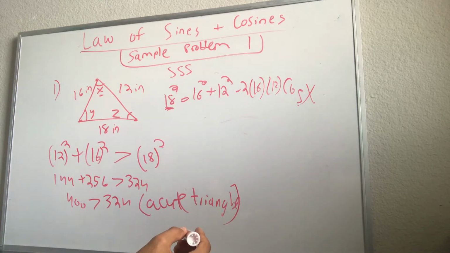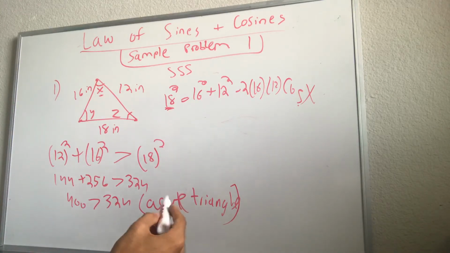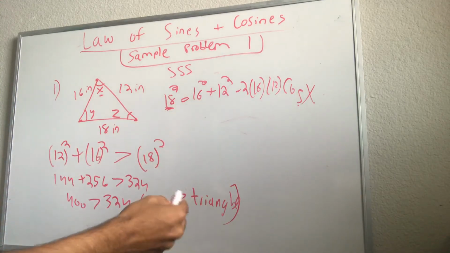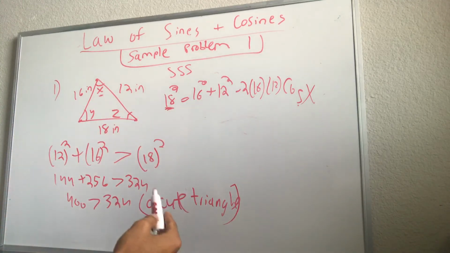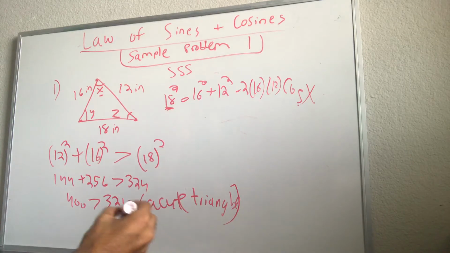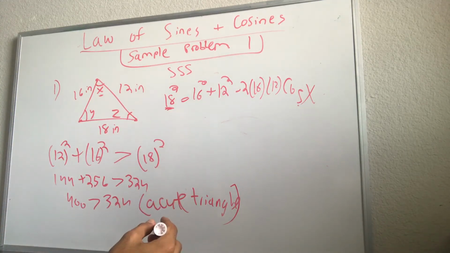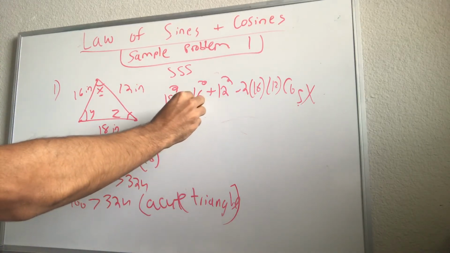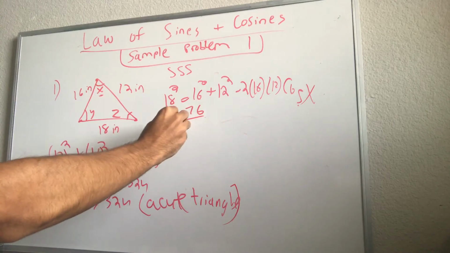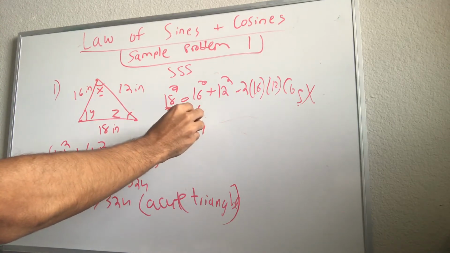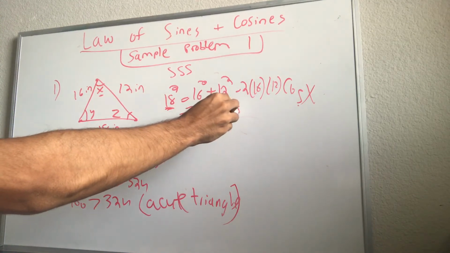If we further evaluate this, we bring the 16 squared and the 12 squared over, so we have 18 squared minus 16 squared minus 12 squared, all over negative 2 times 16 times 12, equal to cosine of x. You see that negative 76 divided by negative 384 is equal to cosine of x.